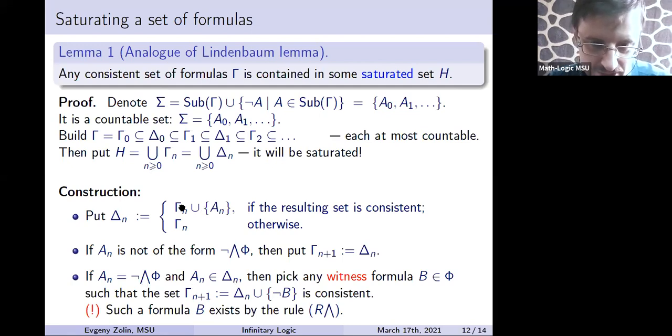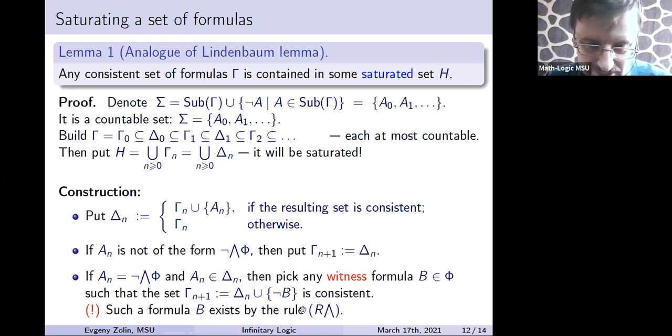And then we easily see that this set delta n is inconsistent because it already has this formula, not conjunction phi, and we proved conjunction phi. So from this set we can prove not conjunction phi because it is just contained, and conjunction phi because we just proved it.